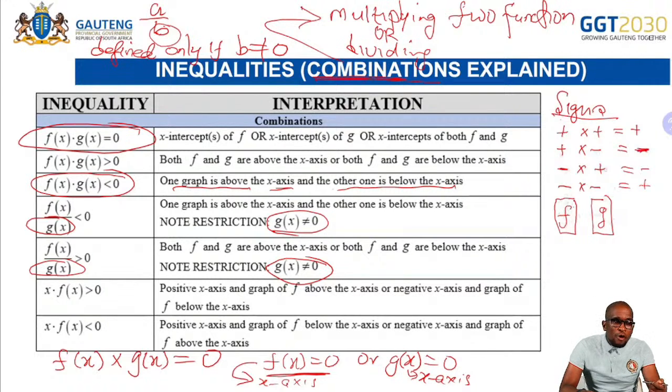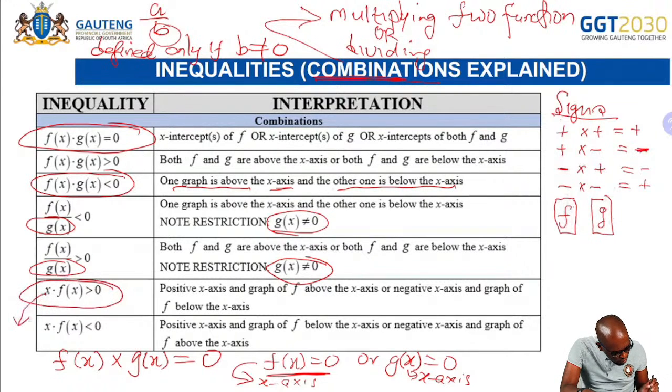Obviously, as we go on, we will be doing some application questions. Now let's check this one also. X times f of x is greater than 0. We are now looking at this. We say it represents the x-axis. So when both of these are multiplied and they give us greater than 0, which is positive.